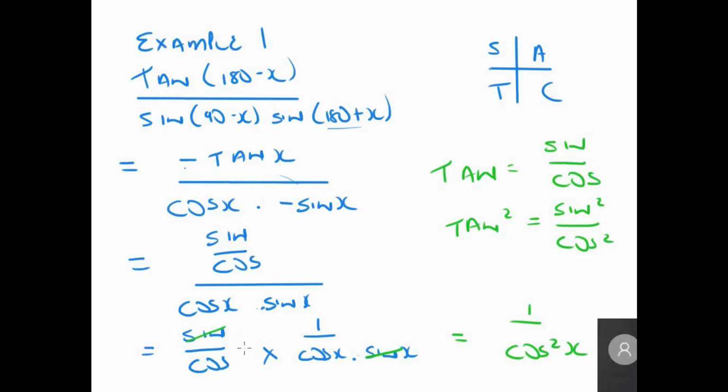We take sine over cos, and we've got to multiply it now by 1 over cos times sine. Okay. That concept of multiplying by the inverse is called tip and times. Okay, so we've got sine over cos times 1 over cos times sine. The sine will cancel the sine. And what are we left with? We're left with 1 over cos squared.